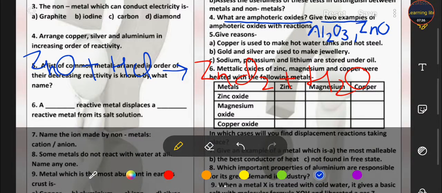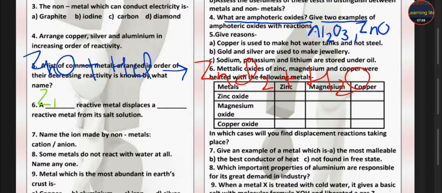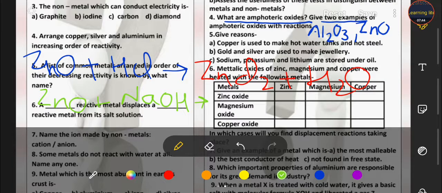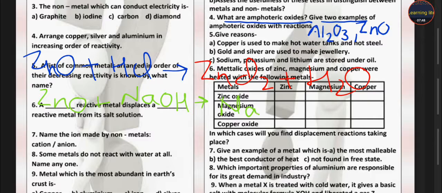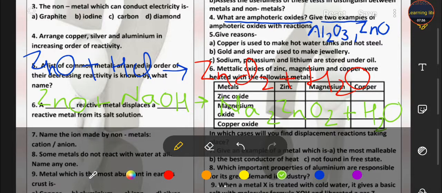And when this zinc oxide reacts with any base, it gives sodium zincate and water. So these are the reactions of our amphoteric oxide with the acid and base. I think this is clear to you. So let's move to our next question students.